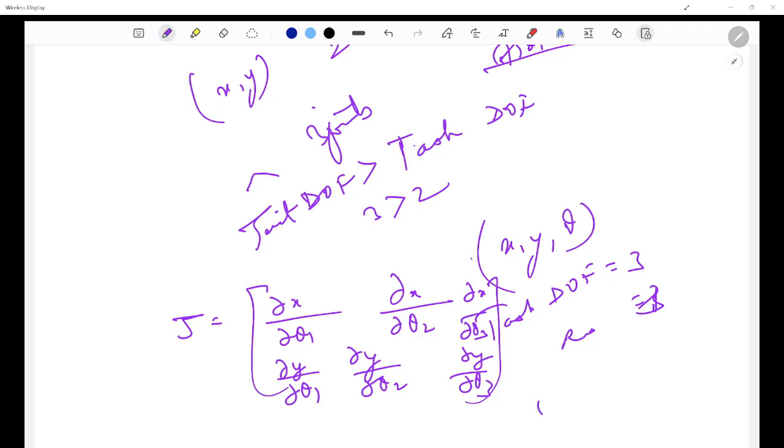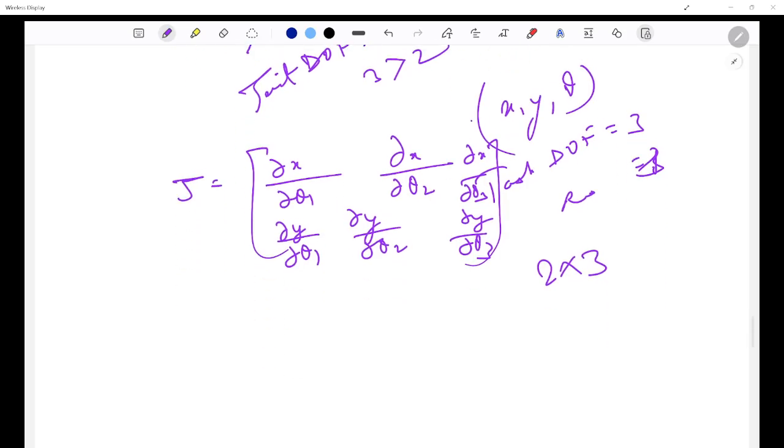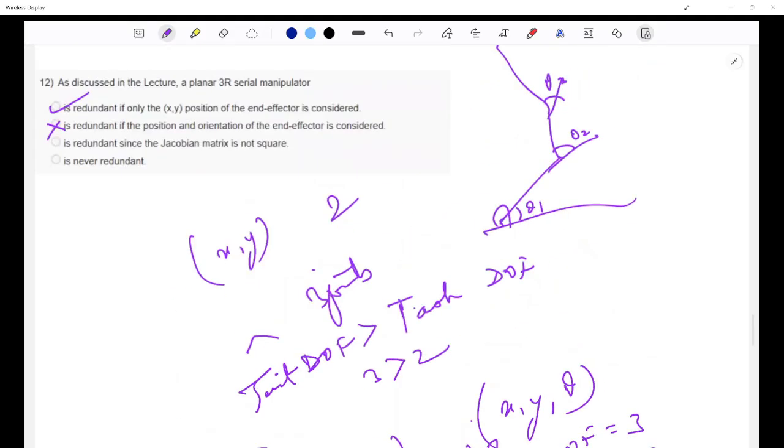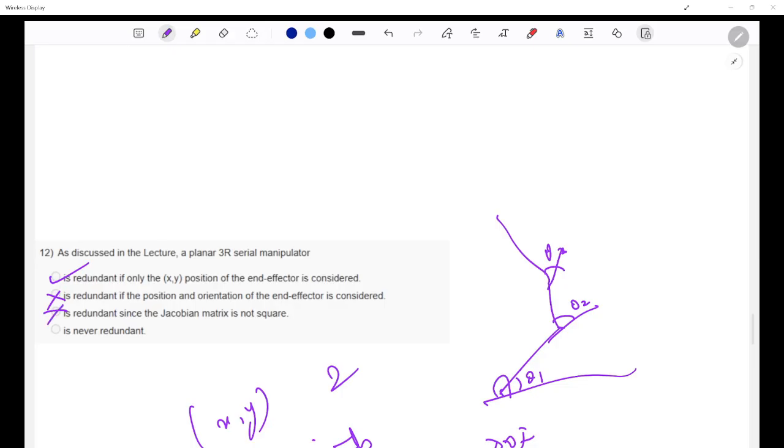So the dimension here is 2 cross 3. But the reason for redundancy is not simply that the Jacobian is non-square; it is because the robot degrees of freedom is greater than the task degrees of freedom. So the statement is not conceptually correct here.